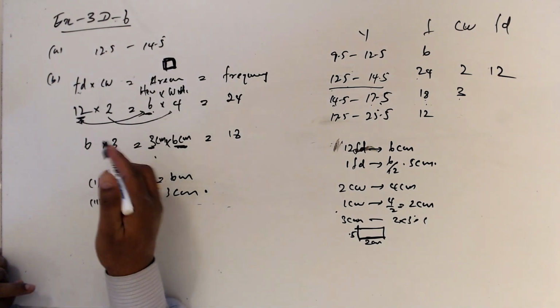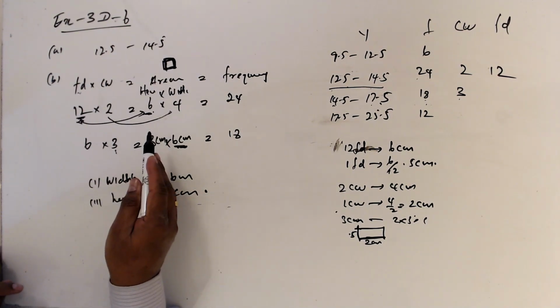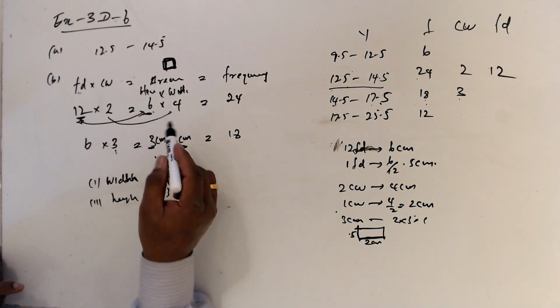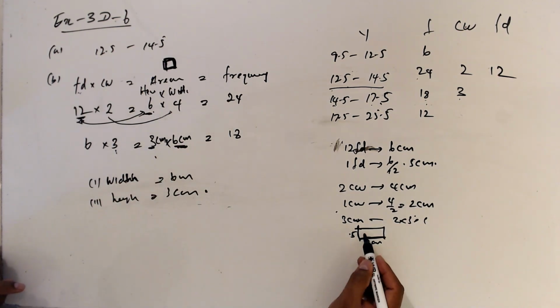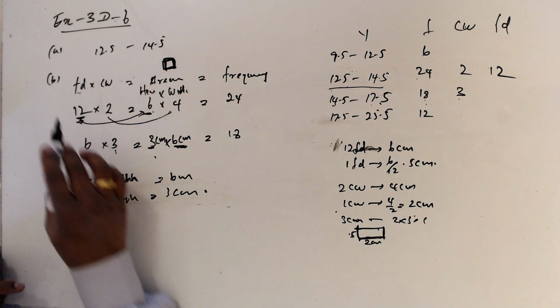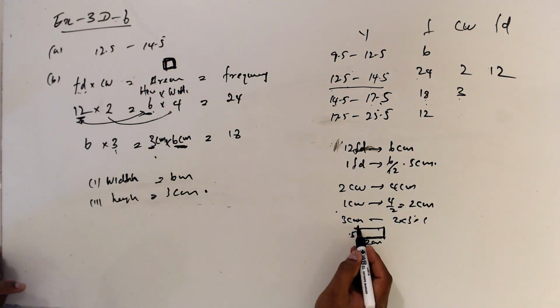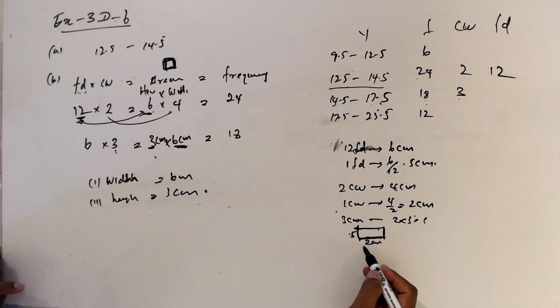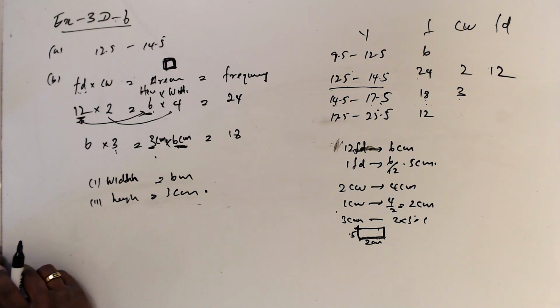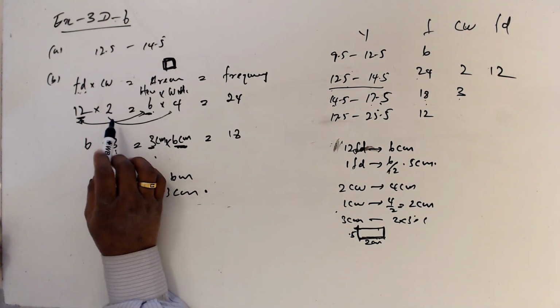But here they change the length and the width. So the box size is 0.5 and 2 centimeters. One frequency density is 0.5, and this is 2 centimeters, the length. In this kind of situation you want to get the ratio.